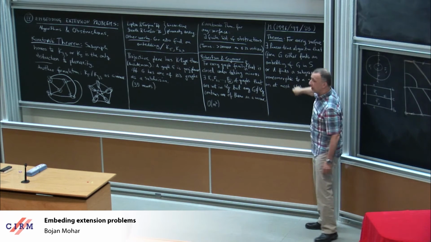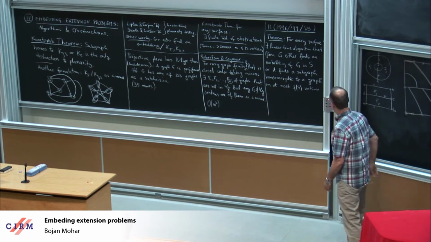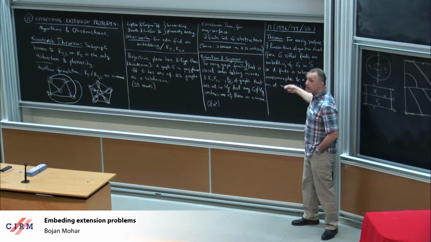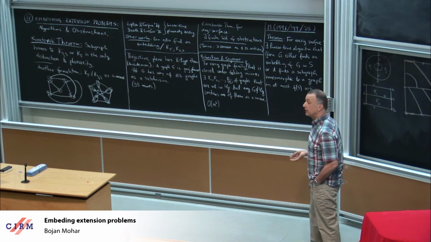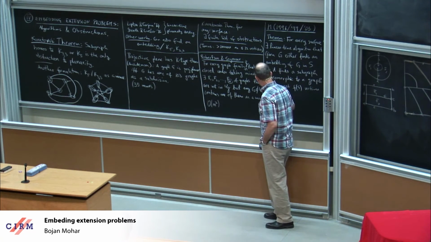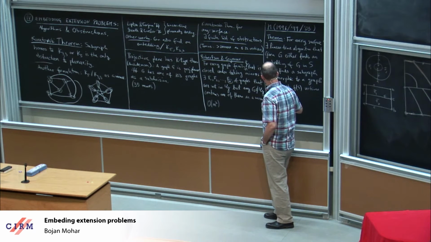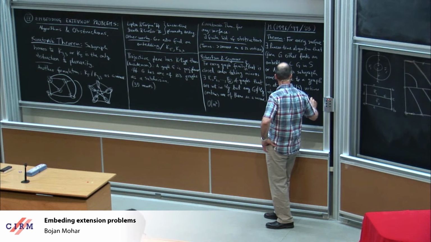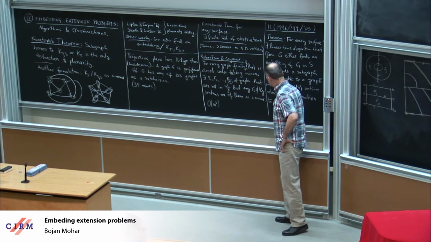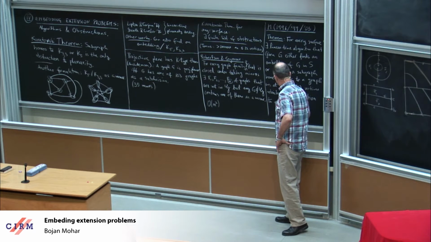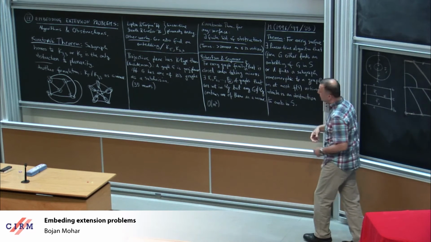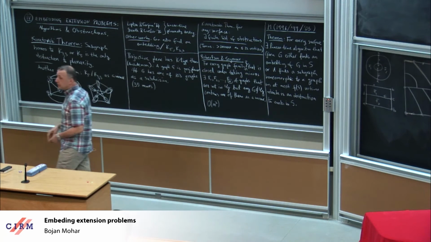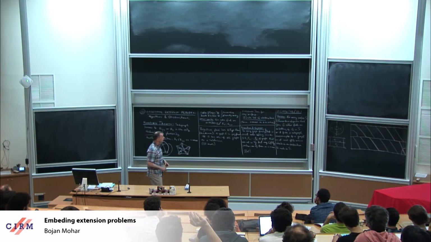This is a number which depends on the genus of the surface. So it finds a subdivision of such a graph, and this graph doesn't embed in the surface, which is an obstruction to embeddability in S. So this is the best you can hope. It's really nice. It's linear time.